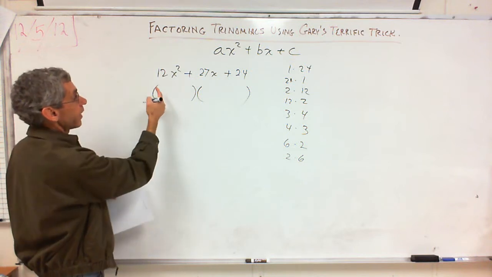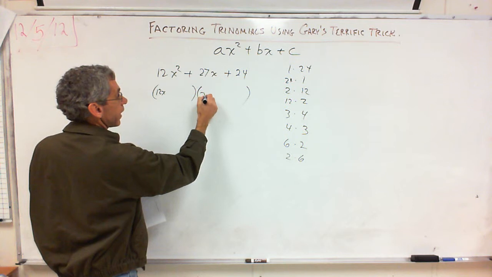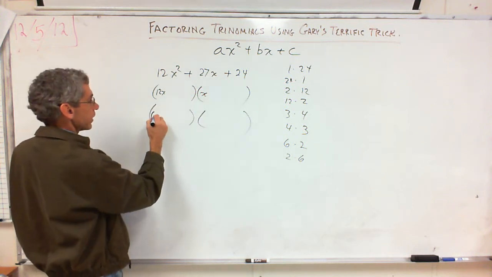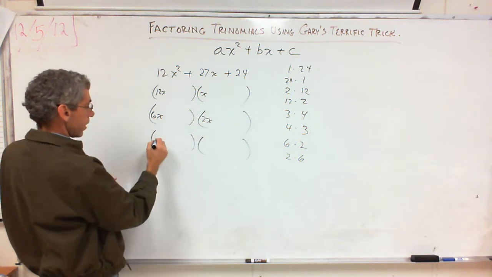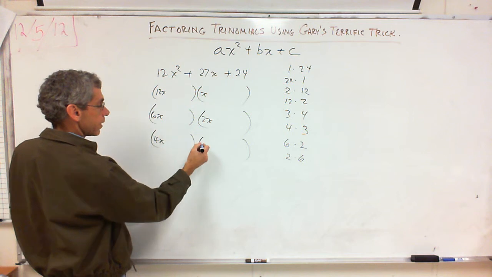I could do 12x times x, or I could do 6x times 2x, or I could do 4x times 3x, right?